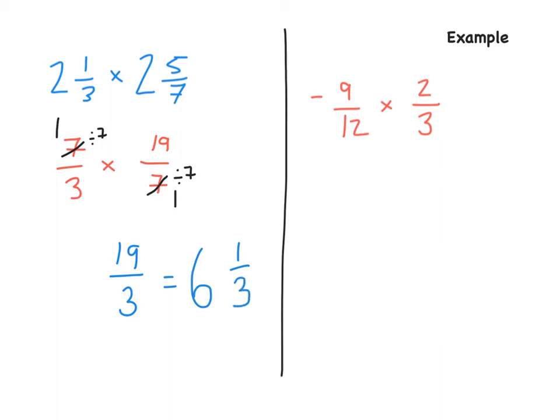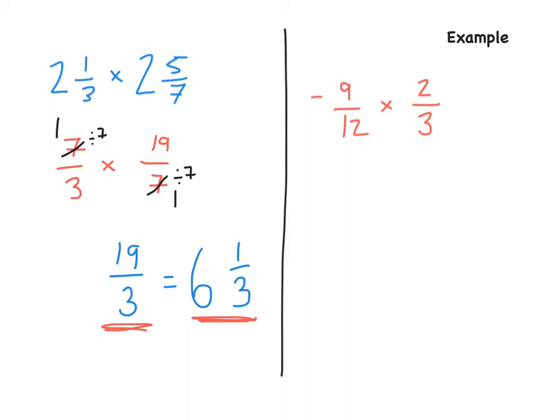So our final answer would be 6 1/3. Because remember, if you want to double check it, 3 times 6 is 18 plus 1 is 19. That's where the 19 is. So if we want a mixed number, we would have 6 1/3. If we want an improper fraction, we would have 19/3. So pause the video, try the next one.